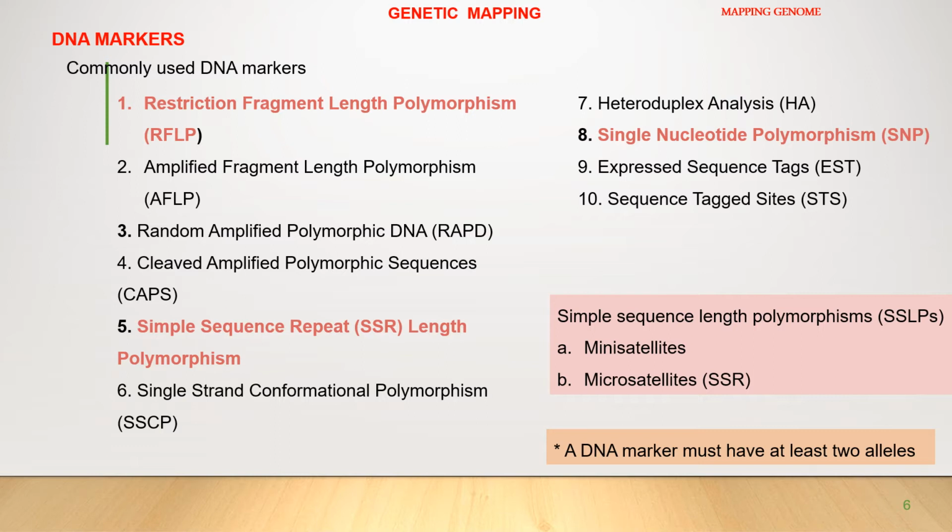However, for genome mapping, the markers must have at least two allelic forms. Based on this requirement, for genome mapping, we use RFLPs, simple sequence length polymorphism, SSLPs, which includes both micro and mini satellites, and SNPs.